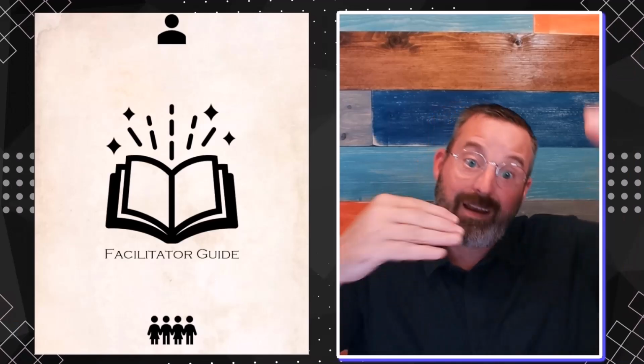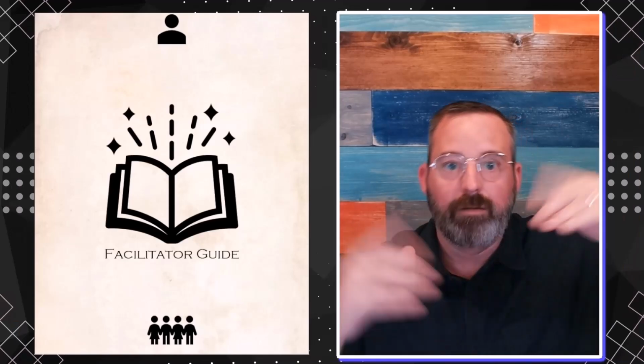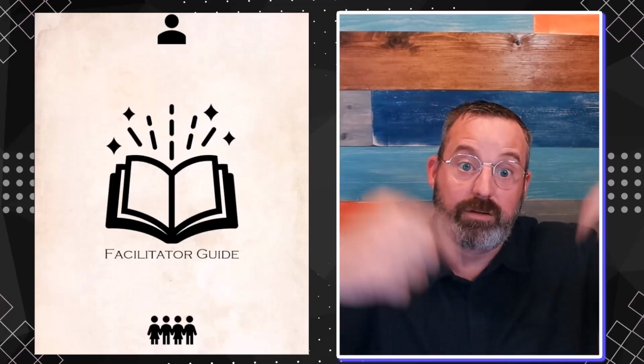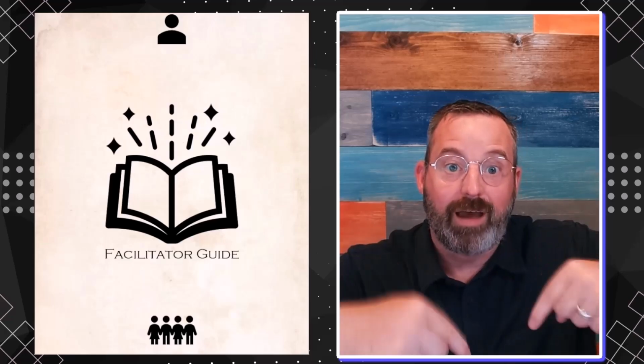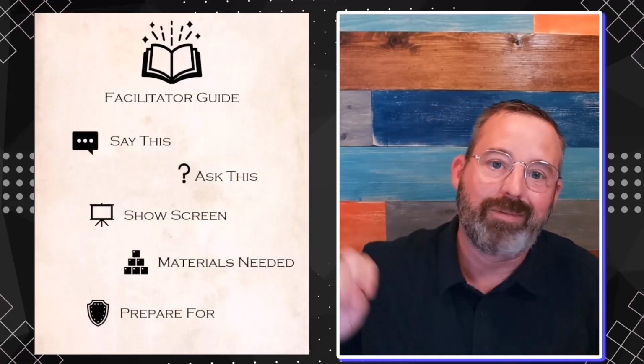So if we get everything into a facilitator guide and put it in between the facilitator and the learners, now the facilitator's working with the guide to help send information to the learners. And in that facilitator guide, we've got certain things that are going to be coming up. This is the facilitator guide.